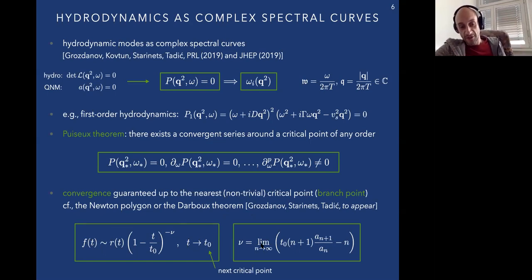So this is an equation. I will not discuss any details of this, but essentially, imagine that you have a series in t around 0, all right? And you know the coefficients of the series, which you call an. So then this means that this function will behave as something like this. It will have a regular part r of t, and it will have some singularity like this with some exponent nu, okay?